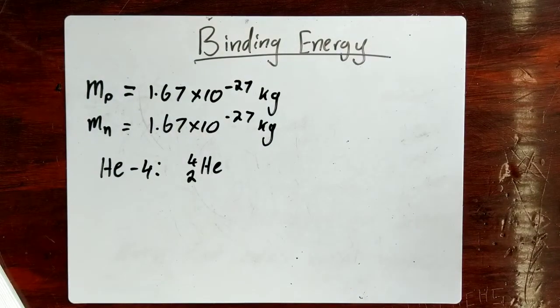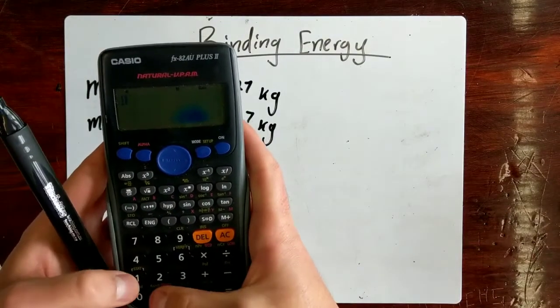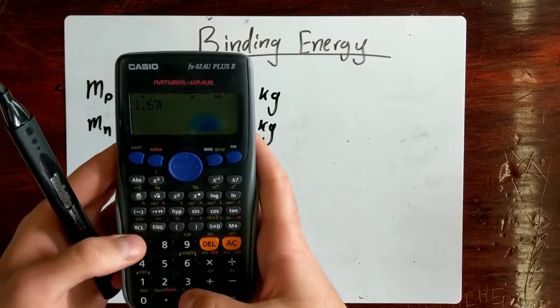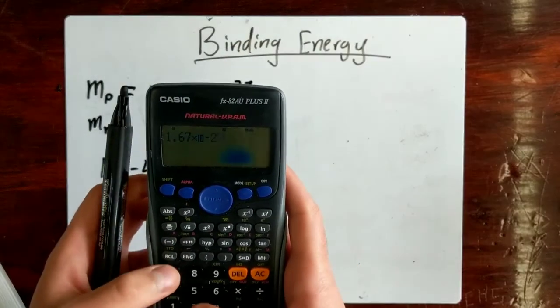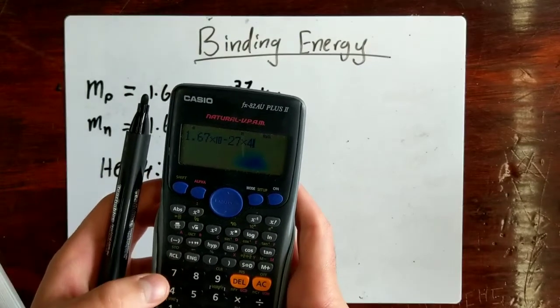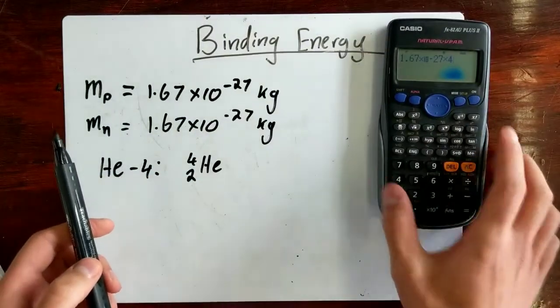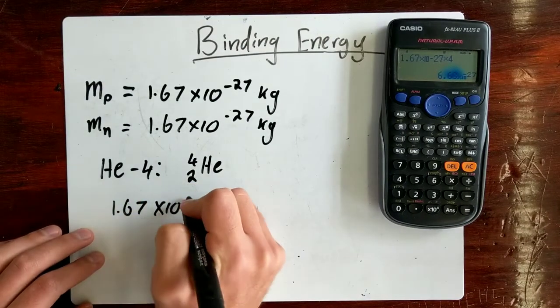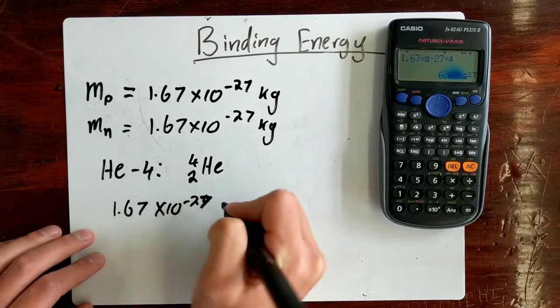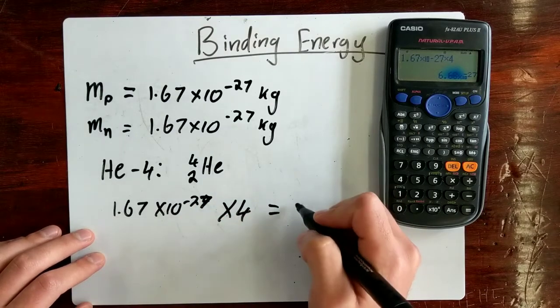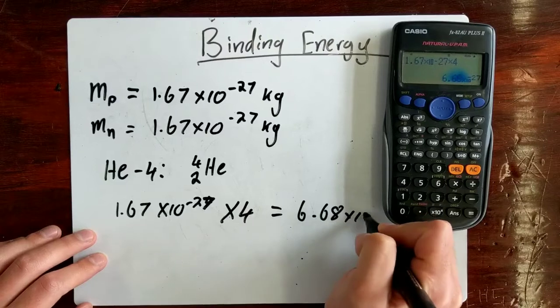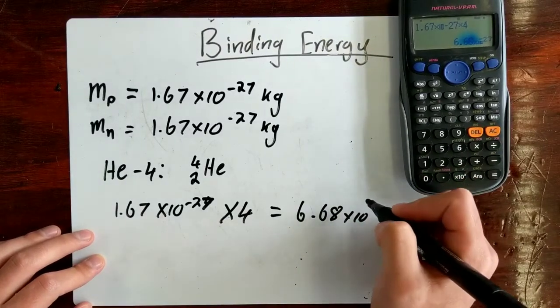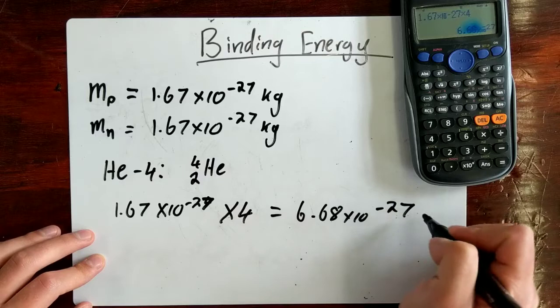So if I was trying to calculate the mass of a helium-4 nucleus, then I would do 1.67 times 10 to the negative 27, and I would do all of that times 4 because that's how many nucleons I have. So if I do 1.67 times 10 to the negative 27 times 4, that gives me a mass of 6.68 times 10 to the negative 27 kilograms.